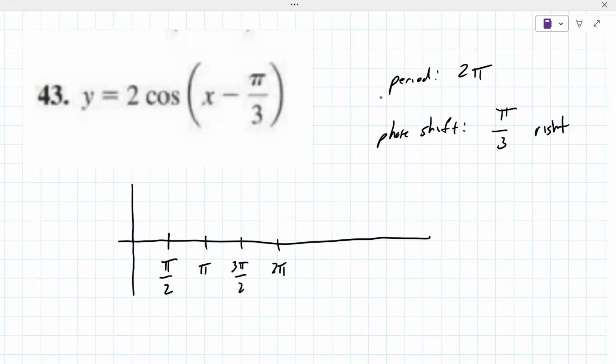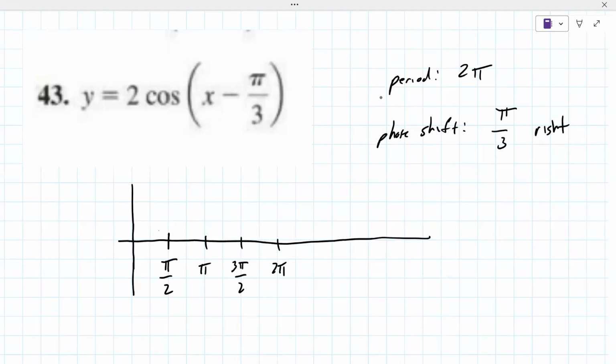Where do you think it goes? In between 0 and pi over 2. Okay, good. So somewhere in there, right?